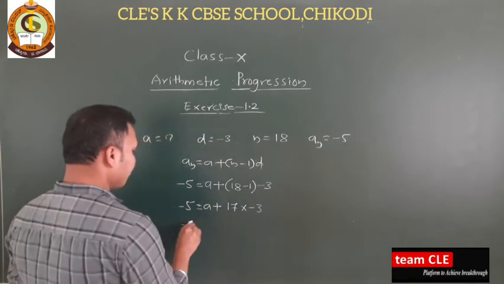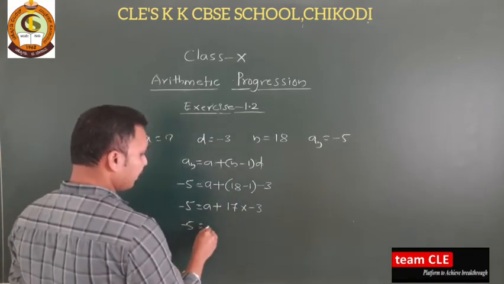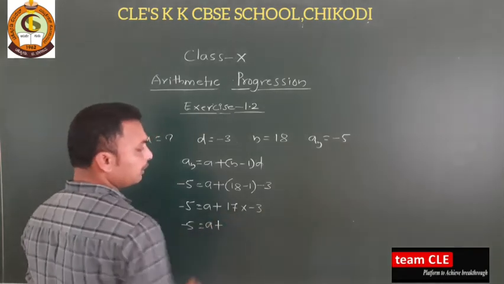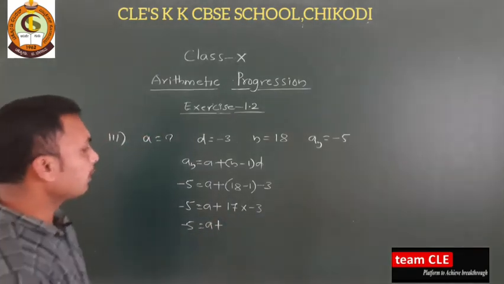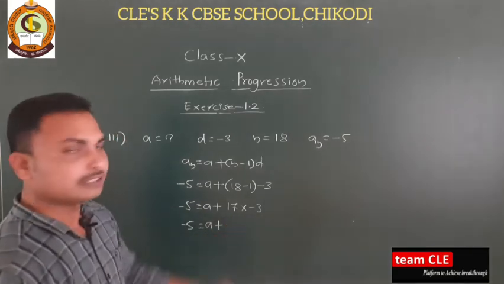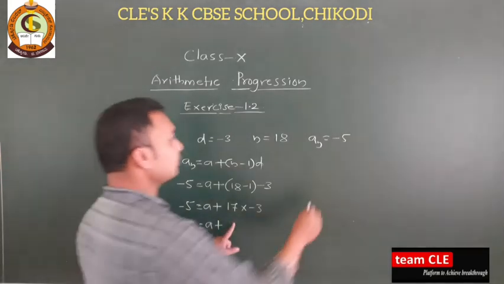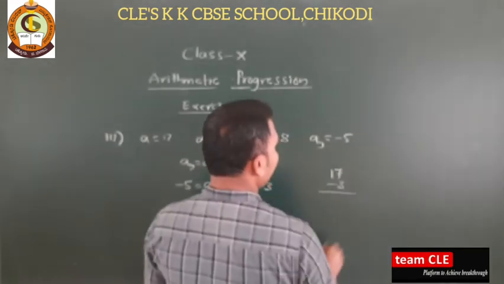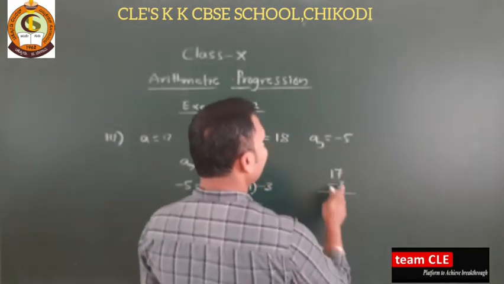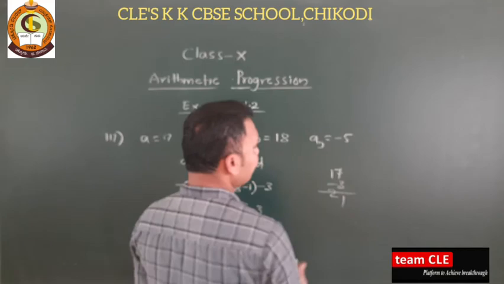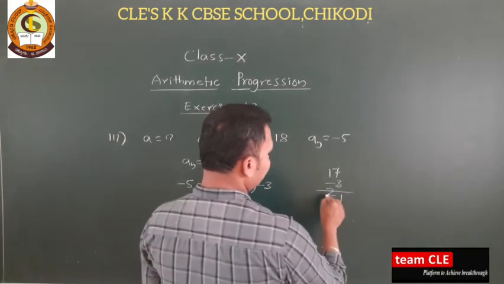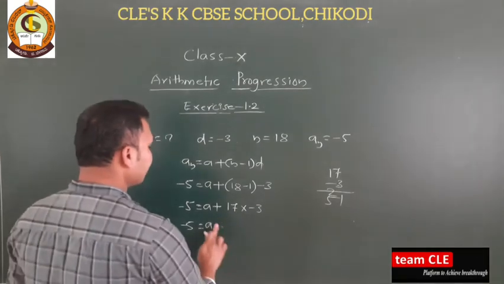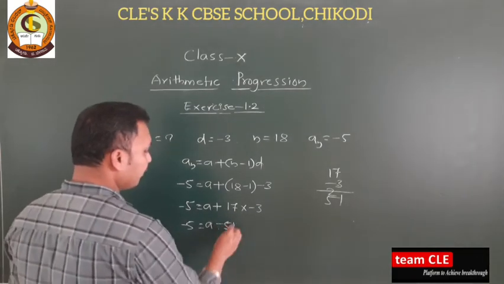Now minus 5 as it is, so next a keep as it is again, plus 17 into 3. 17 2s are 34, 17 3s are 51. So minus of 3, 7 3s are 21, 7 1s are 7 plus 2, 3 plus 2, we will get 51, and this is minus 51.